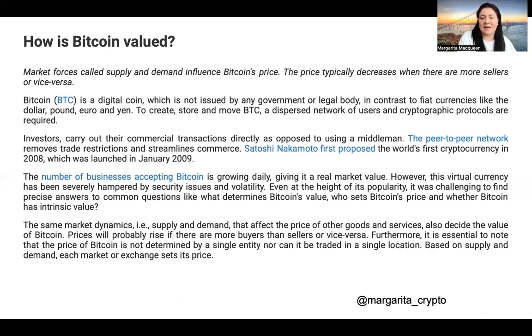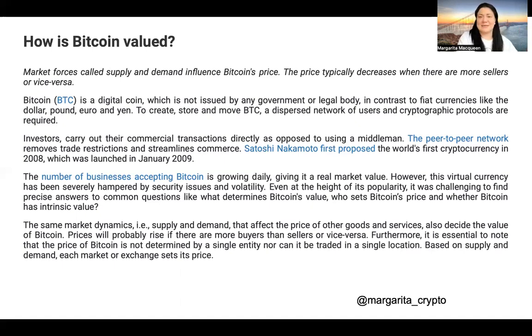The same market dynamics, supply and demand, what we can see on CoinMarketCap or CoinGecko, I believe. It kind of gives us some materials and some understanding, right? Supply, demand, value over 7 days, 24 hours, circulating supply, and prices of other goods and services. So we can understand the meaning of it as well.